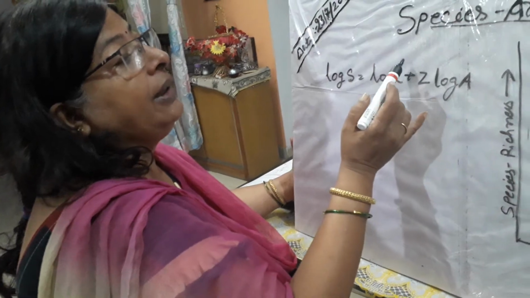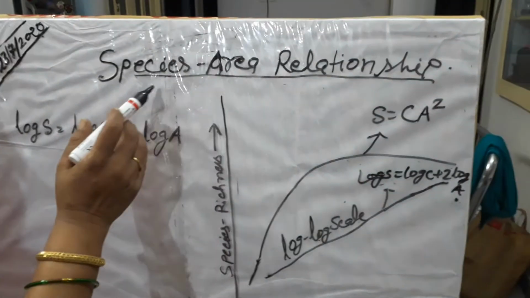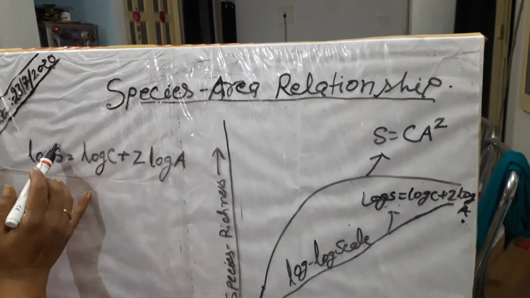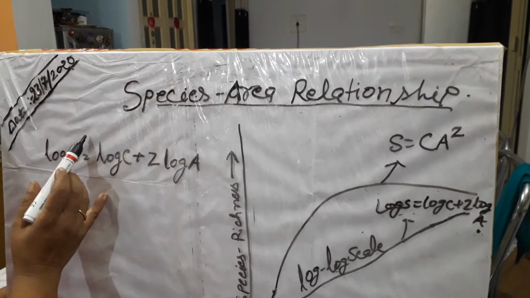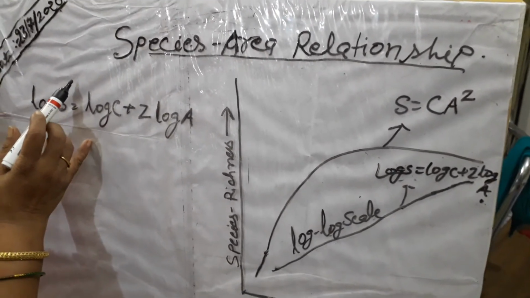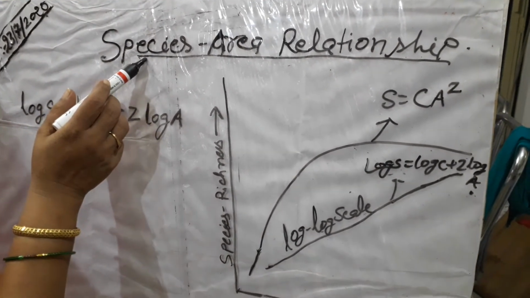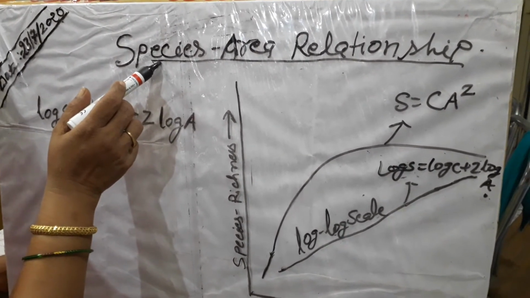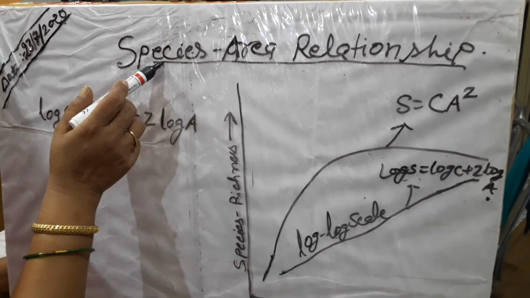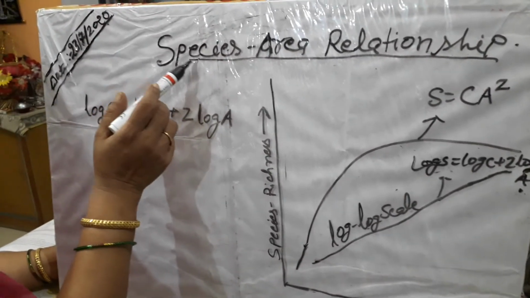In this video, I am going to discuss the species-area relationship. German naturalist and geographer Alexander von Humboldt observed that within a region, species richness increased with increasing explored area, but up to a limit.